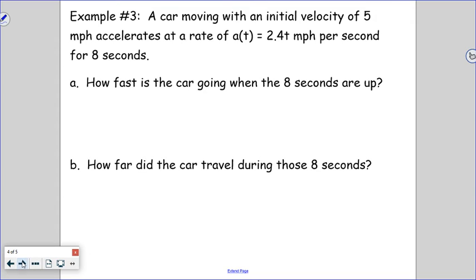And we've definitely heard that one before. Speed equals what? Absolute value of the velocity. So that's what our question is going to focus on. How fast is the car going when the 8 seconds are up? It means that we are going to find the speed of the car, and speed is equal to the absolute value of the velocity.